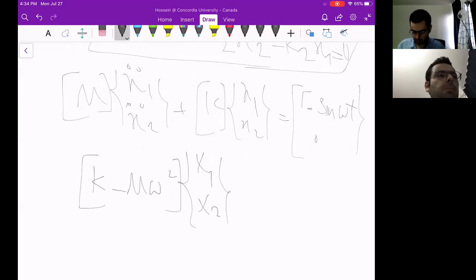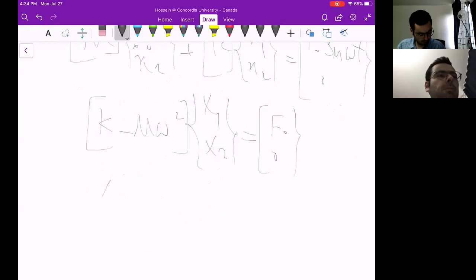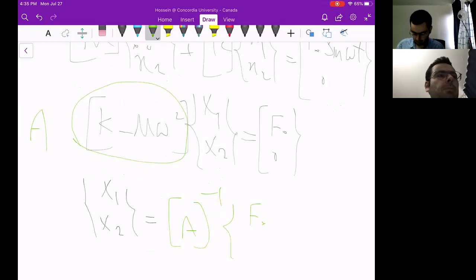Therefore, x1 and x2 would be, if I call this matrix A or Z, A inverse multiplied by f naught and 0. Then you could find the amplitude of x1 or x2.